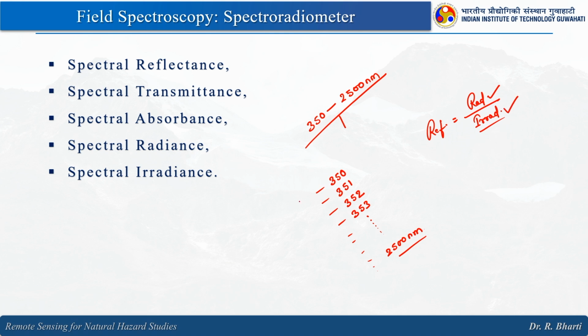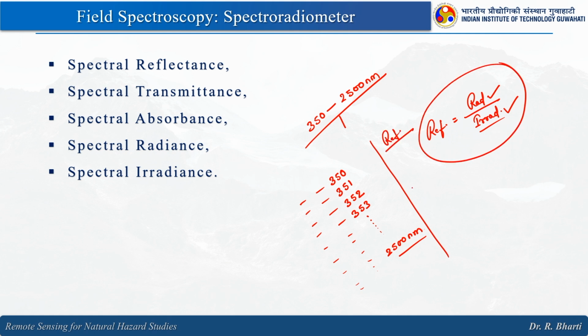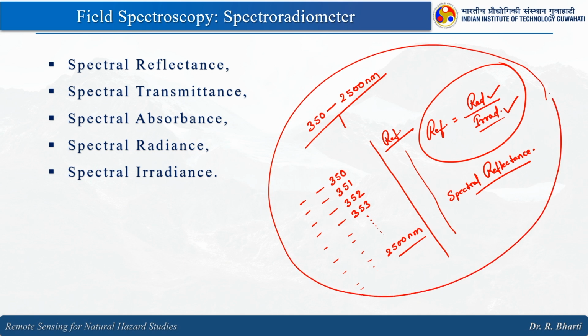When we are measuring the irradiance, we will have all these measurements. Then what we do is, we calculate the reflectance using this particular formula, and then you will have the spectral reflectance, right. So, this is why we are calling it spectral reflectance.